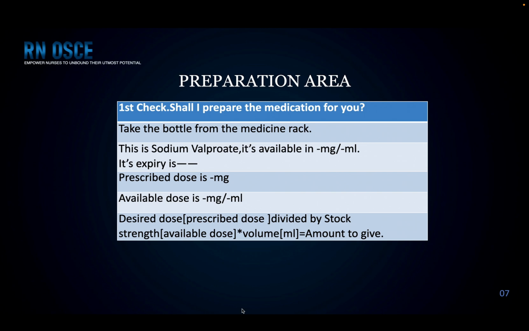Our equation says, as you all know, what amount to give: desired dose, that is the prescribed dose, divided by stock strength, that is the available dose, into volume, that means in ml. That will give you what amount to give to that patient.